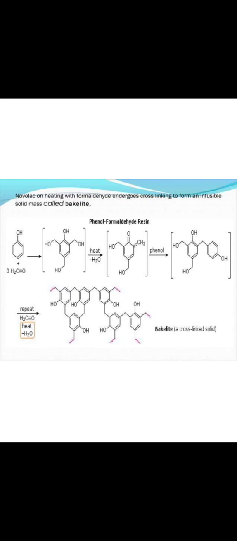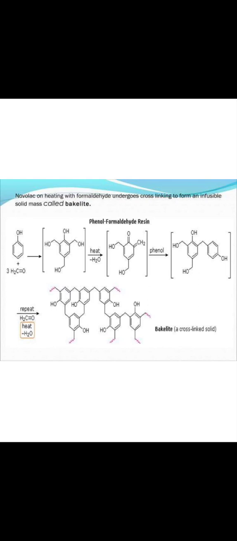One is called formaldehyde. The obtained formaldehyde reacts with novolac and gives rise to the formation of cross-linked bakelite, which is the main important thermosetting plastic.